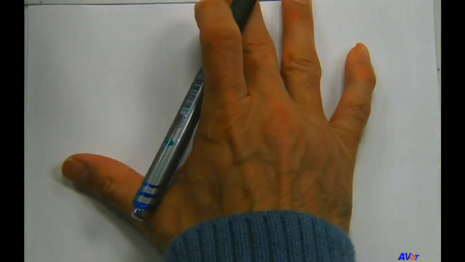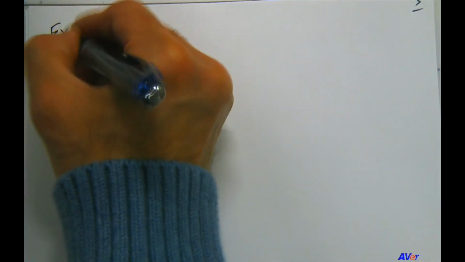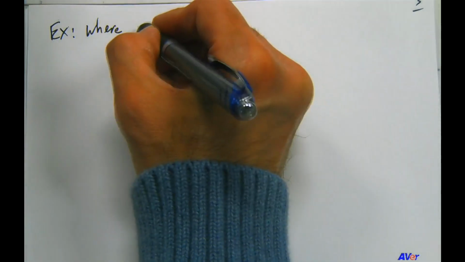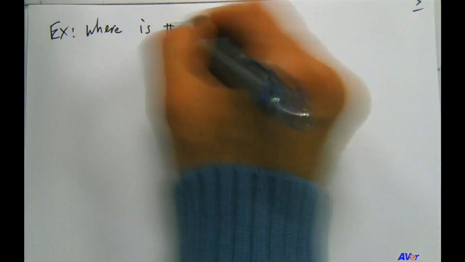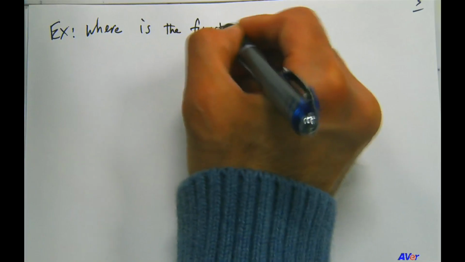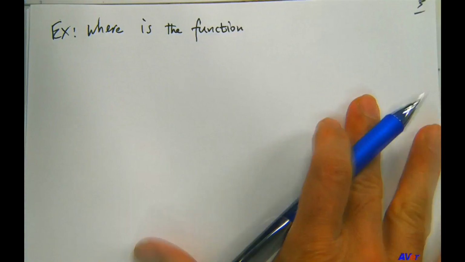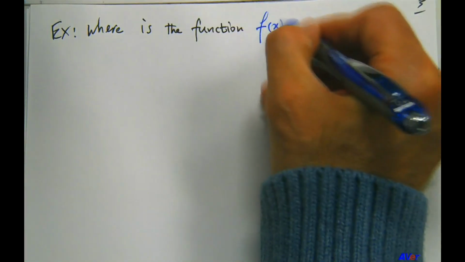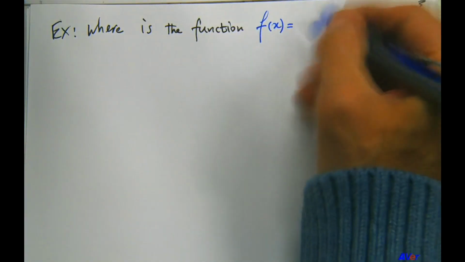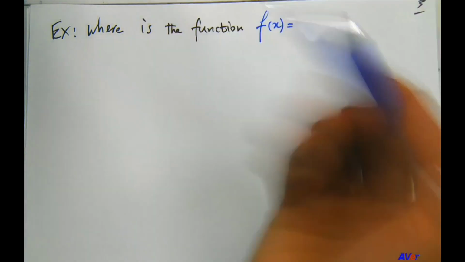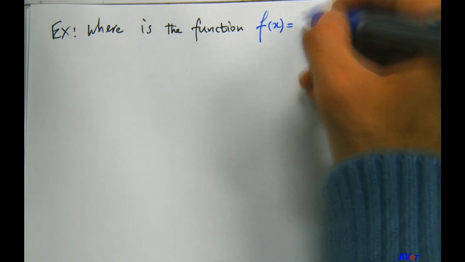So suppose we have this example where we want to find where the function f of x is differentiable. Let's pick a simple function just to make sure that we understand the basics and the fundamentals of this.